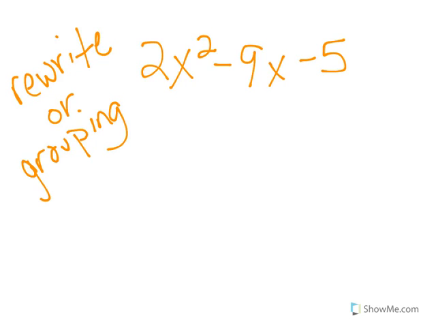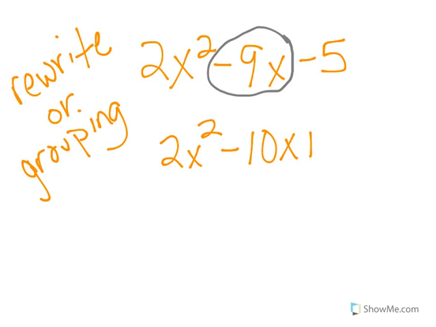Find the factors that add up to negative 9. So it's still the negative 10x and the positive 1x. But instead of organizing our work in a table, we're going to organize our work by simply substituting those factors for negative 9x. So we're going to rewrite 2x squared, instead of minus 9x, we're going to say minus 10x plus 1x, and then minus 5.